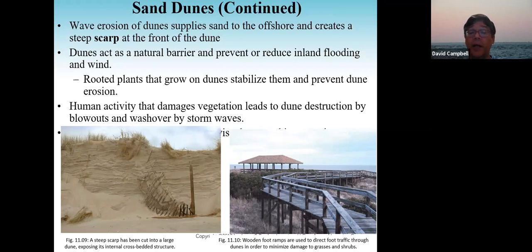If we protect things, like often you'll see a boardwalk like this one to help guide people to walk on the boardwalk, not all over the place in the dunes, then that's a good way of allowing beach access while keeping the dunes stable and providing some better protection.